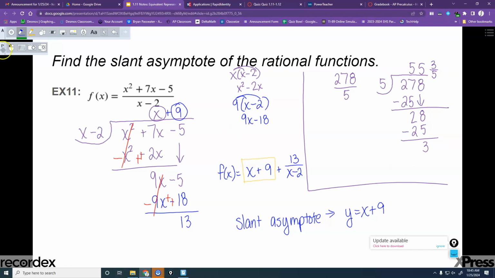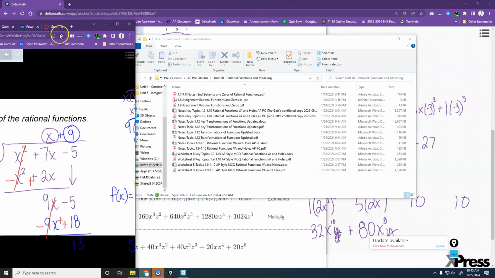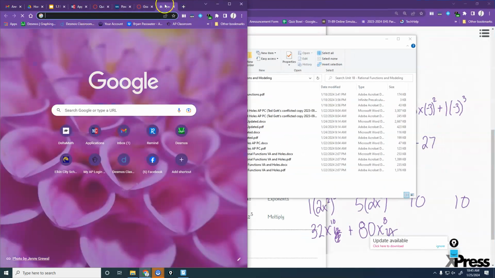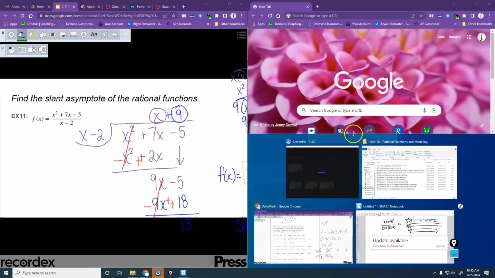All right, let's do one more that's a little harder. Actually, I do want to show you real quick what this looks like on Desmos. I know you can't use Desmos, but it helps to picture what's happening here.